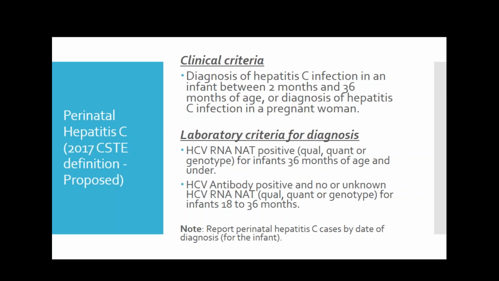Laboratory criteria for diagnosis: HCV RNA positive, that is the quantitative or genotype, for infants 36 months of age and under, or HCV antibody positive and no or unknown HCV RNA NAT for infants who are 18 to 36 months of age. So the infant should be 18 months of age to have this test accepted.